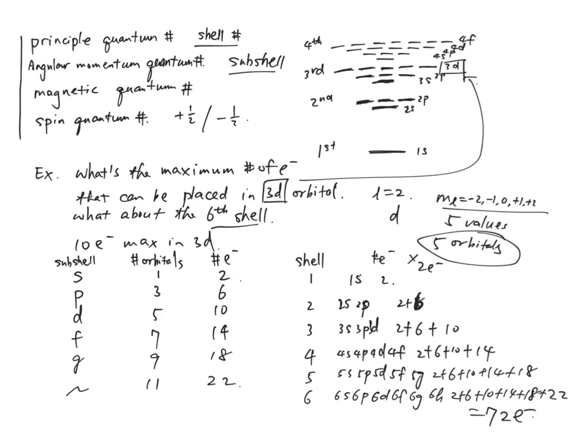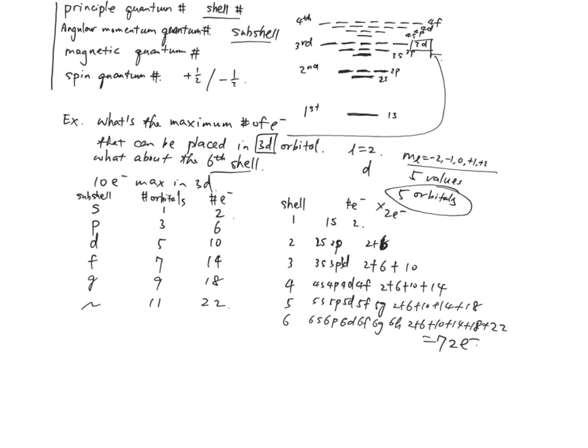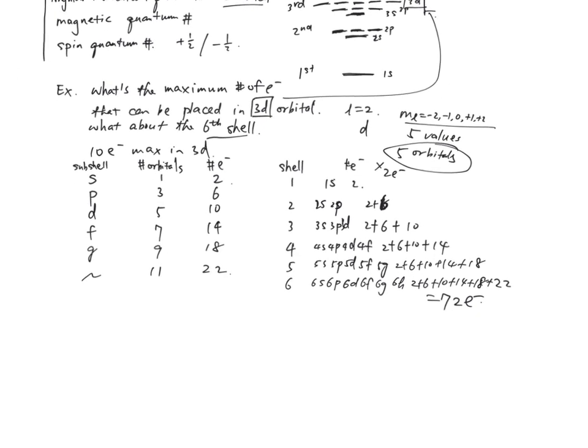And that is, for the nth shell, the maximum number of electrons should equal 2n squared.